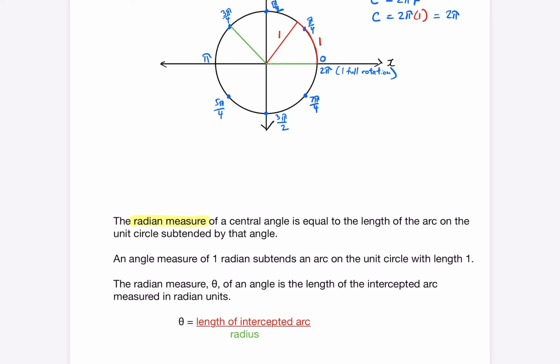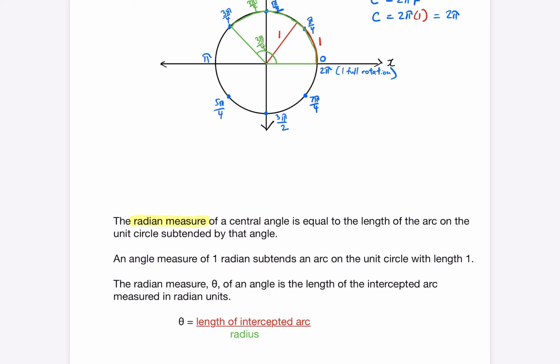This angle is 3 pi over 4, and what this is also telling us is that this arc that I have in green is also 3 pi over 4, okay?